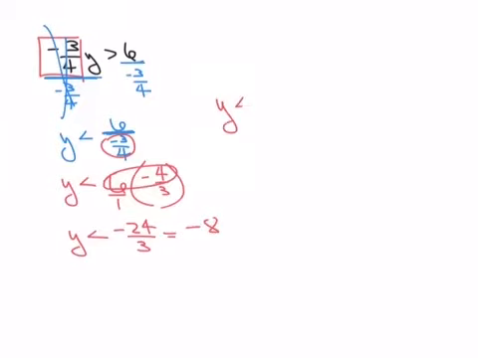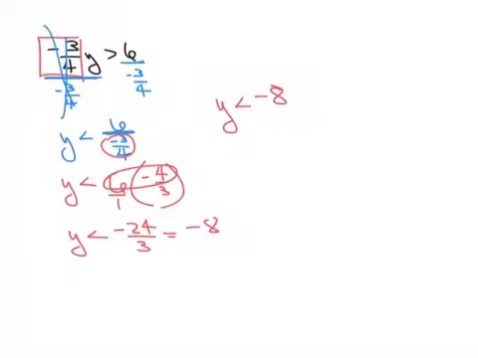So y is less than negative 8 for number 24. And what does it say? Solve the following inequalities using the multiplication. I'm just trying to see what kind of way they want the problem written. So we've got y is less than negative 8.